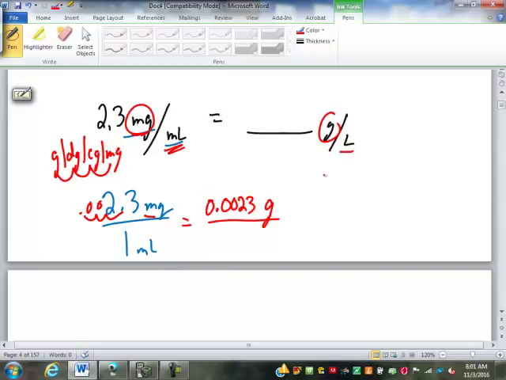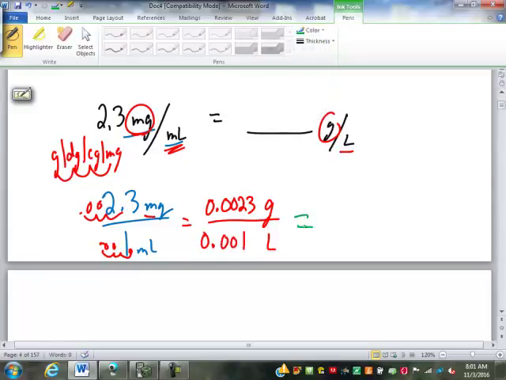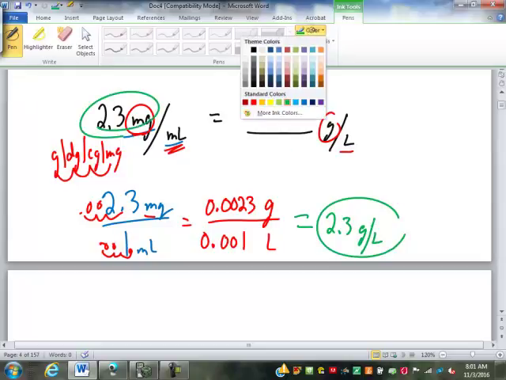Milliliters to liters. How many spots am I moving? 3 spots to the left. 1, 2, 3, put in my zeros. That is 0.001. So now to get my final answer, I divide that out. 0.0023 divided by 0.001 is 2.3 grams per liter. Notice there the number doesn't change.